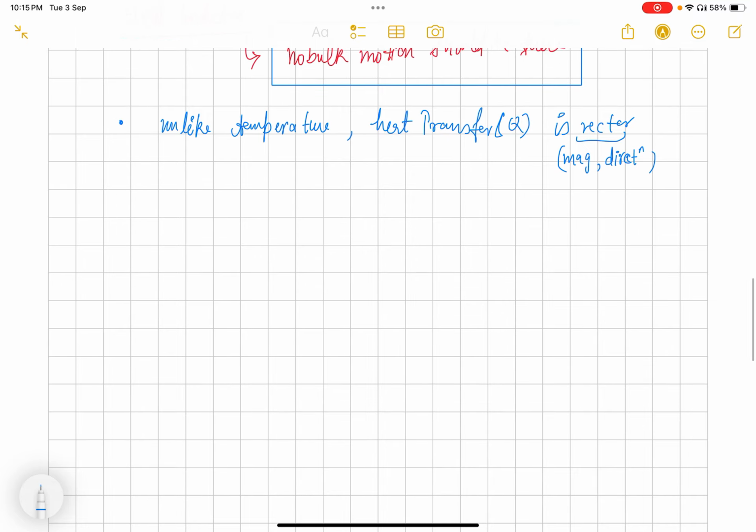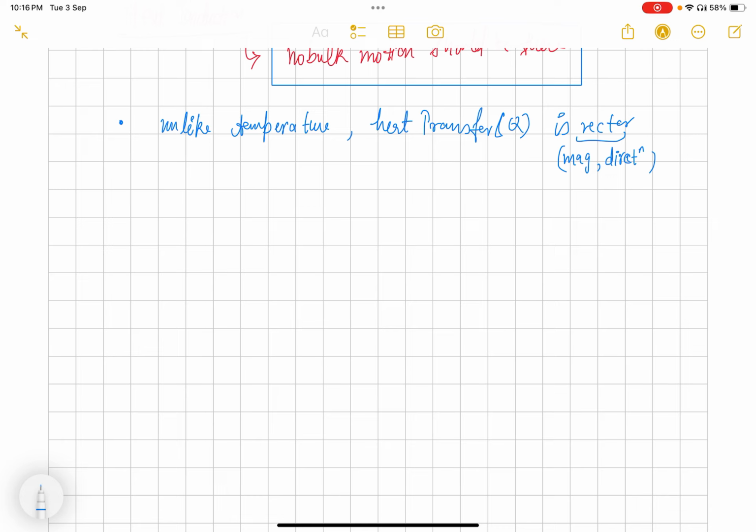So whenever we are specifying the heat transfer, we should specify the direction of heat transfer. For example, if we are saying that a heat flux of 50 watt per meter square is taking place on the potato, it is a very vague statement.